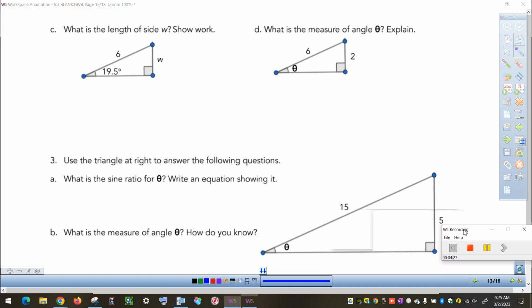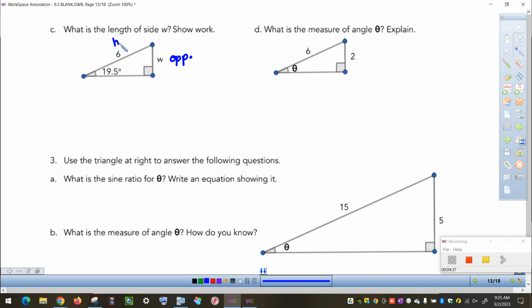So for part C, we now have a new scenario, so it's not the same triangle as what we had before. We have one angle, we have one side, we're just trying to find the other side. So it looks like this is the opposite side that we're looking for again. We know the hypotenuse. So this is going to be a good one to set up a sine equation, again thinking about what we did in the last lesson.